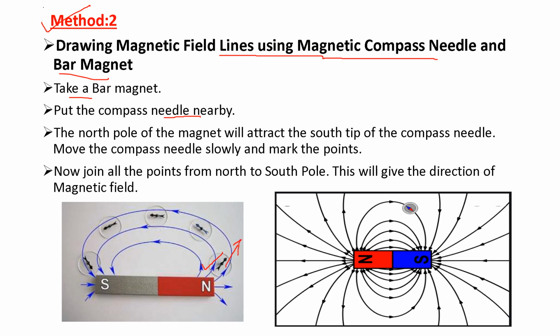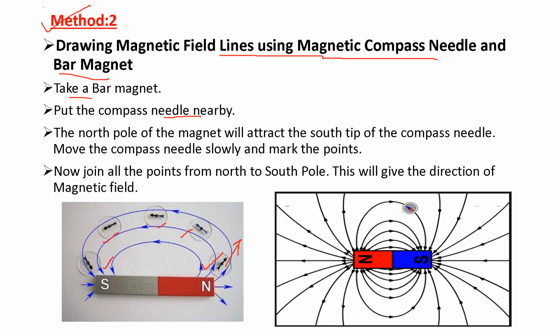Similarly, it will be placed here, then here. By placing it at different points in the nearby region of this bar magnet, the needle will keep pointing in different directions.